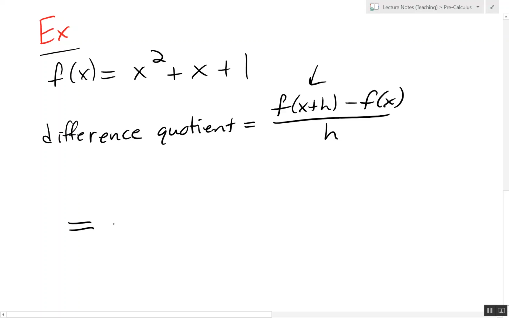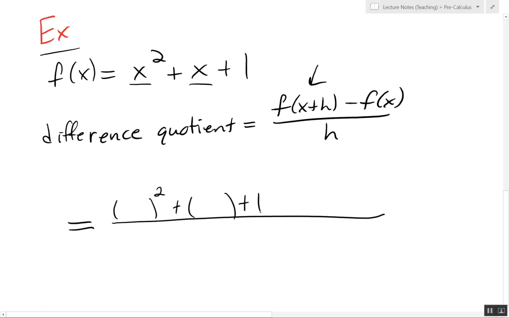So in the numerator, we have to figure out what f of x plus h is. So when we have x squared, we're going to put a parenthesis there and square it. When there's an x, we're going to put a parenthesis there and raise it to the first power. Then we're going to bring along the plus 1. And so what goes in the parentheses? Well, whatever is in this parentheses goes in these ones.